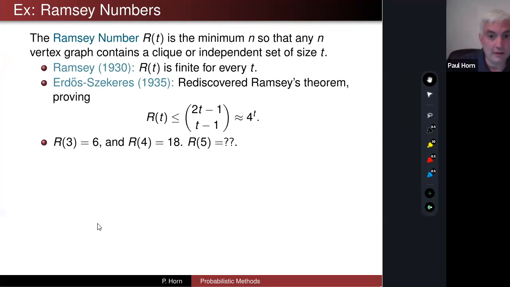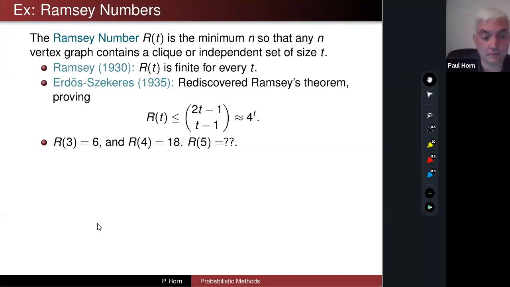So the diagonal Ramsey number R of t is the minimum n so that any n vertex graph contains either a clique or an independent set of size t. Sometimes you hear this phrased as coloring the edges of a complete graph red and blue, but that's really the same as taking the blue edges to be your graph and the red edges not to be in your graph.